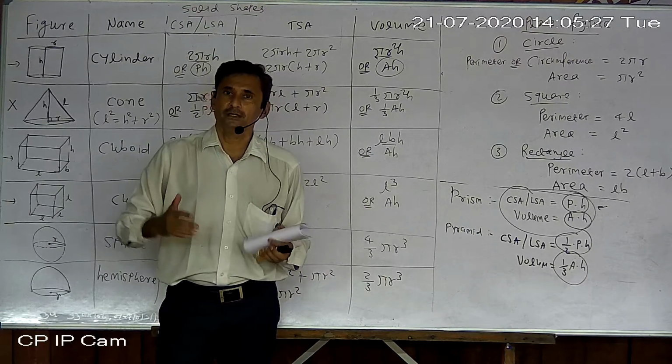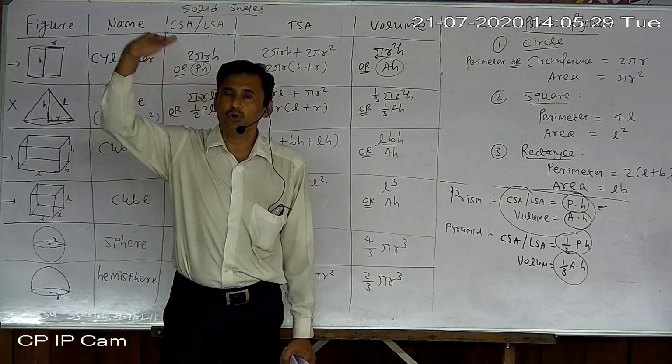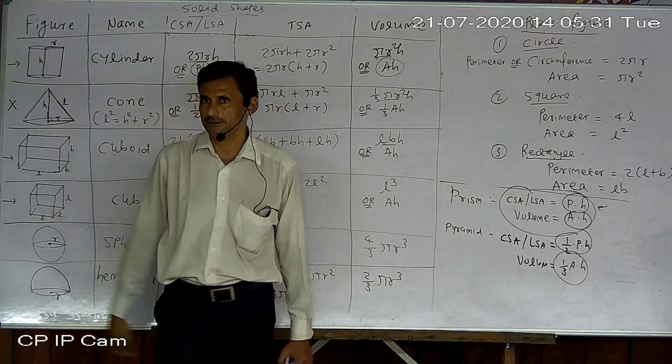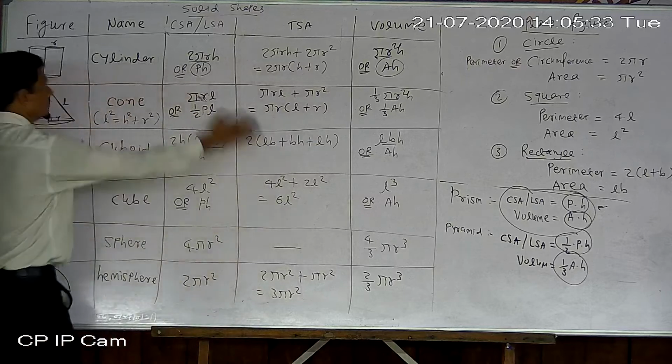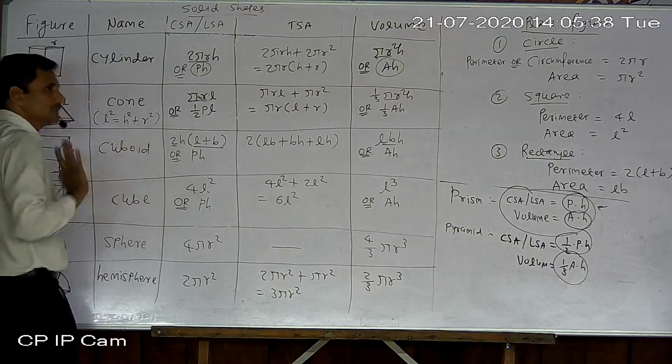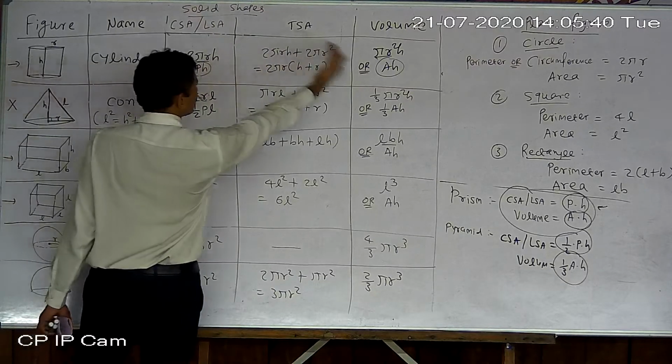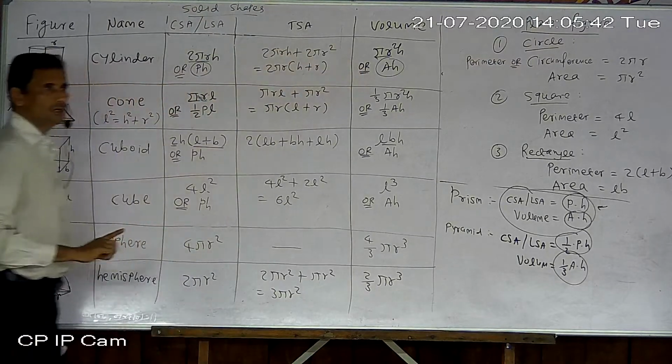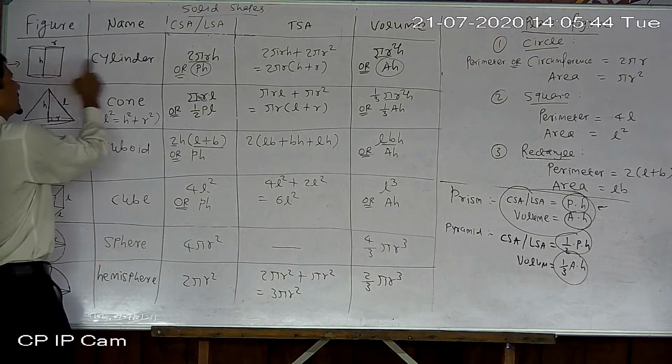What to add? Area of the bottom and top part. So where does 2 pi r come from? That you know, otherwise you just learn it. From CSA to TSA, nothing is new. This is purely derived from CSA only.